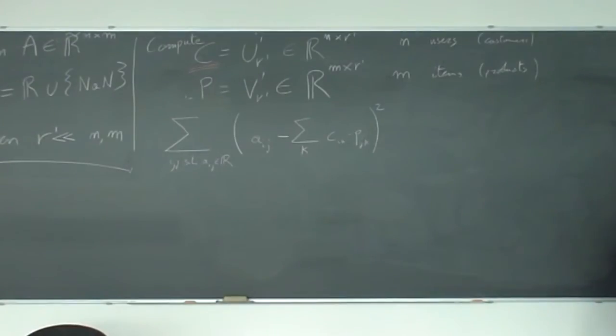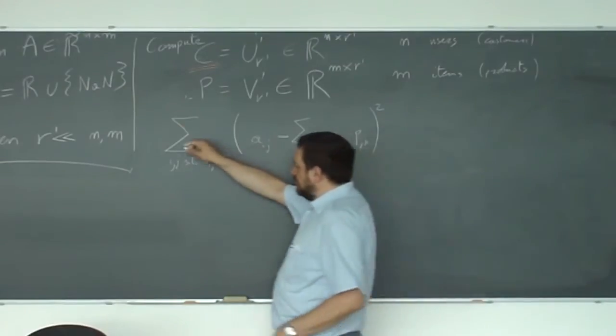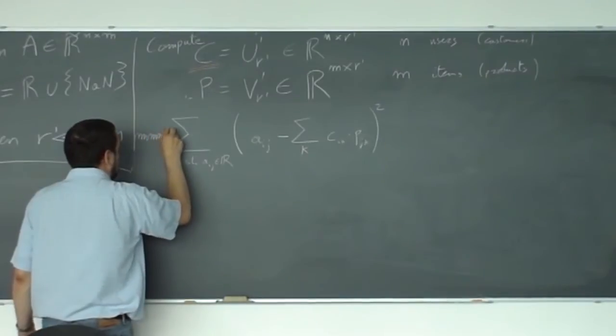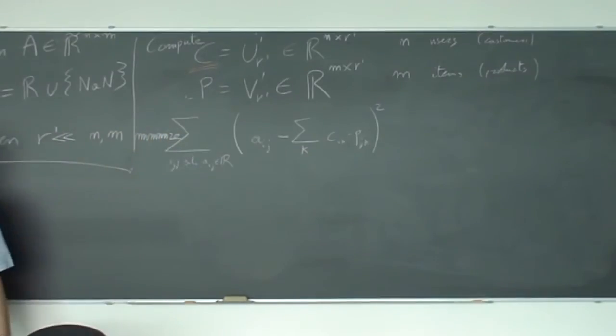So it's not really a quadratic problem. So we want to minimize this. This problem can be solved, for example, by a gradient descent method.